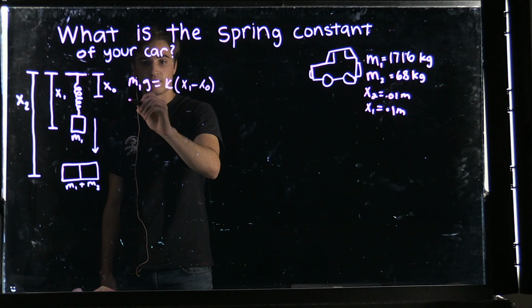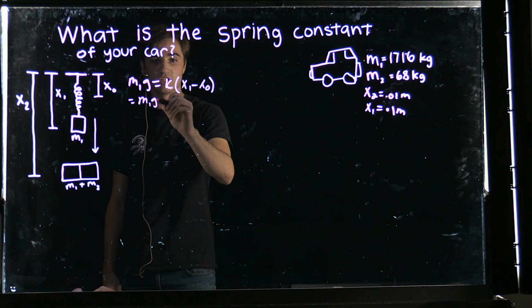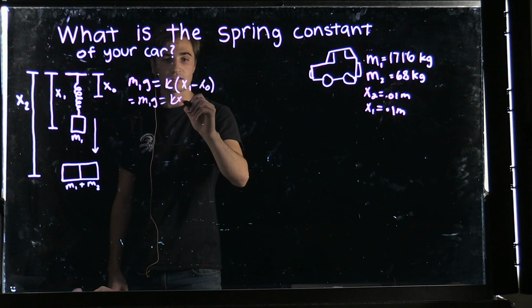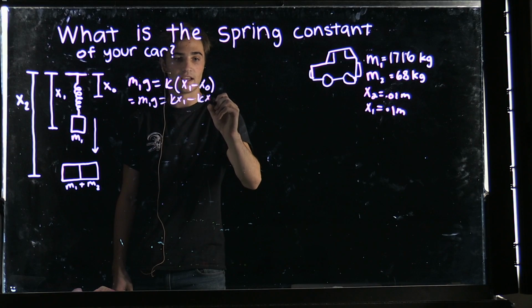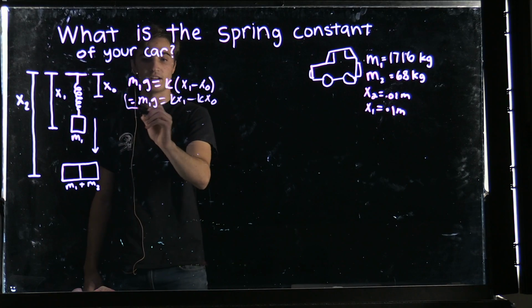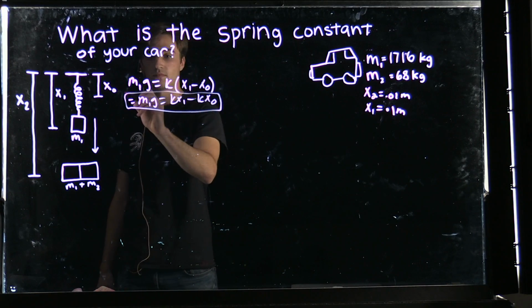This can simplify to m1 g equals k x1 minus k x naught. And that is for one mass on the spring.